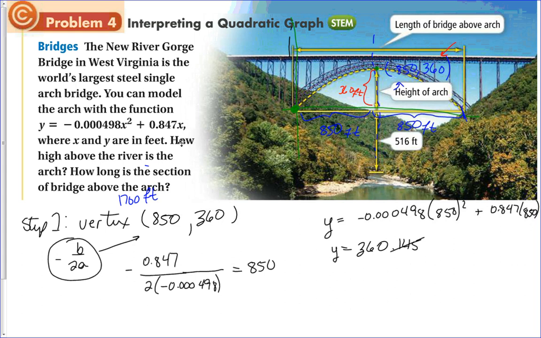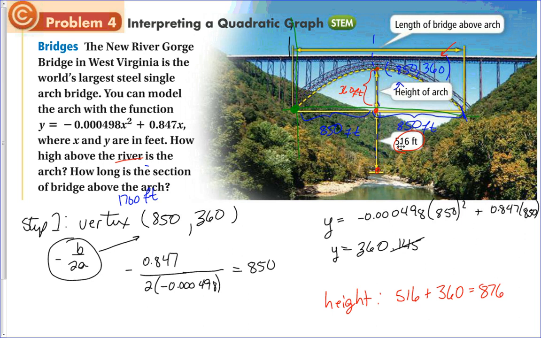Now, this wants to know how high above the river is the arch. Well, if the arch is 360 feet from this point to this point, and this point down to the river is 516 feet, the total height above the river is simply going to be 516 feet plus 360 feet, which gives us a total of 876 feet.